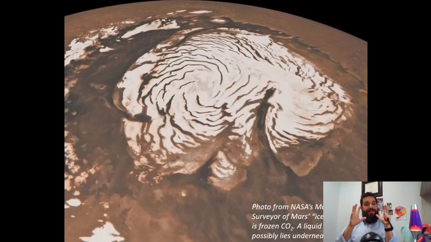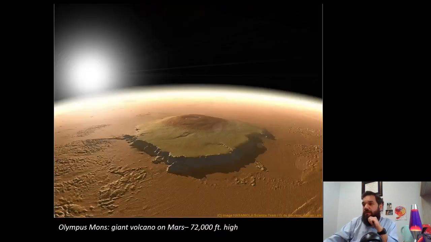Also, there is some H2O, we think, possibly subsurface. You can almost think of it like permafrost. Not liquid water, but ice. So there is H2O on Mars.